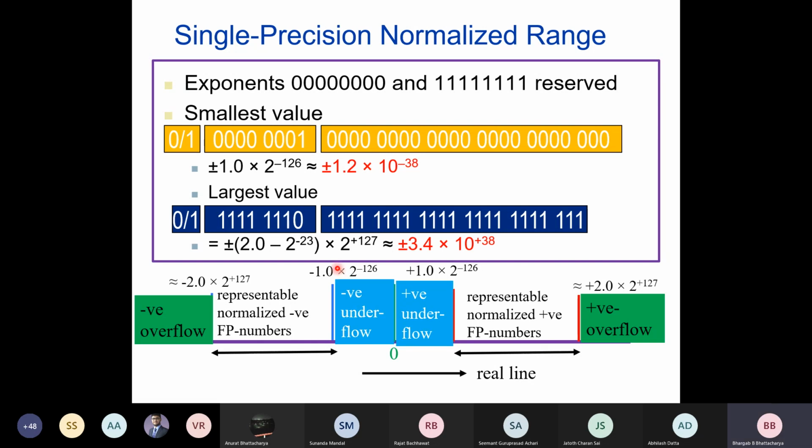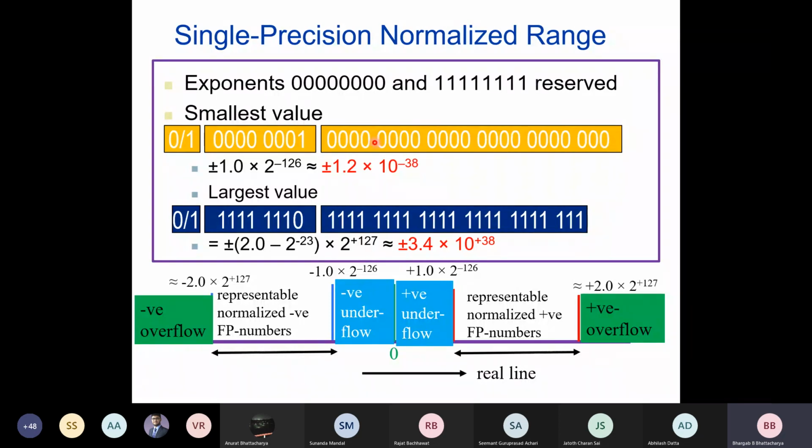However, we still have some options. For example, when you use this exponent all 0, 0 is represented as all 0 here and all 0 here, right? But keeping the exponent bits all 0, I could have used the mantissa bits to fill out with some ones here, right?